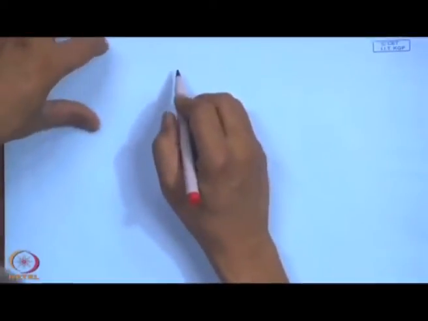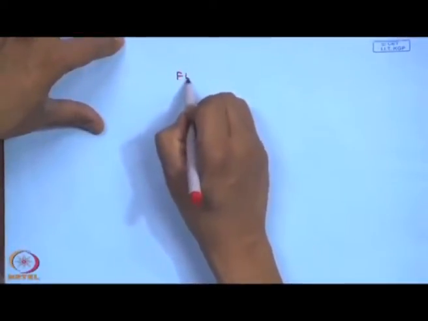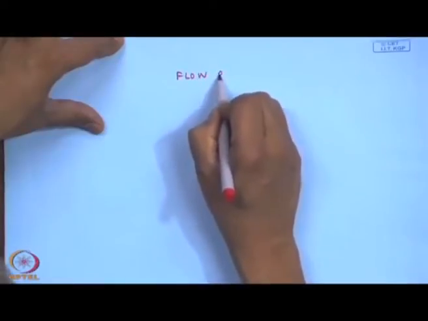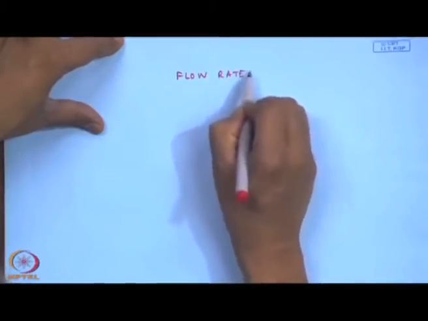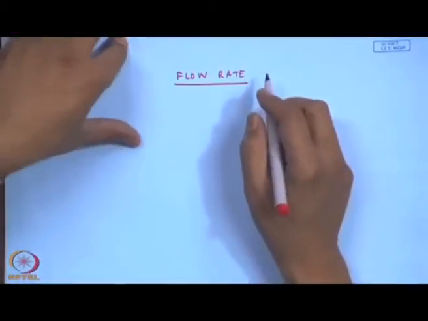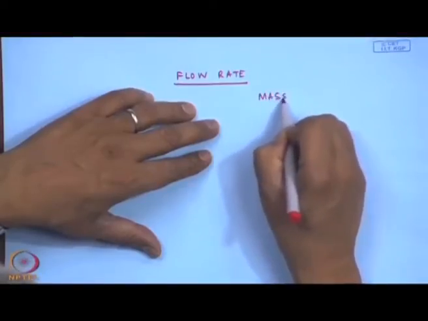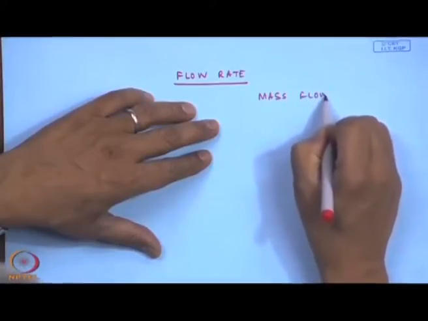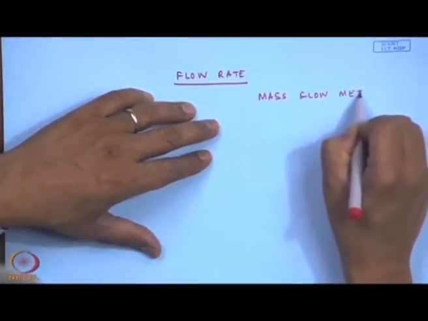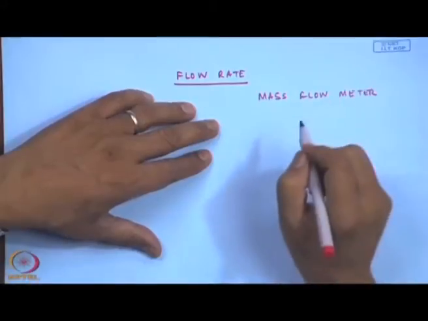Flow rate is very, very essential, because my primary objective was to get a high flow rate in the case of blowers, or in compressors to get high pressure. So, the flow rate measuring device could be a mass flow meter, okay.